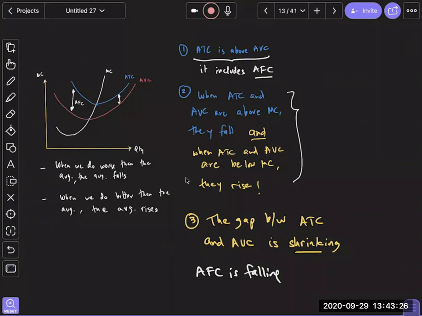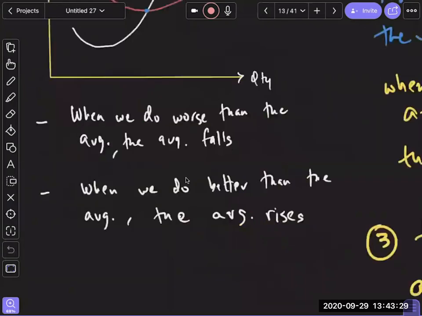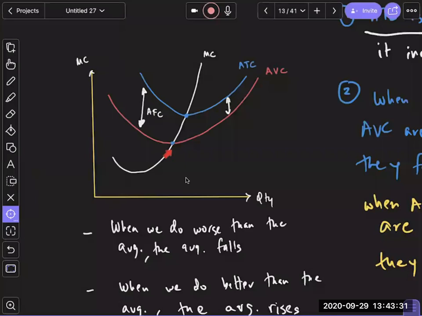When your marginal cost, which is each incremental unit cost, is lower than the average, your average cost was higher than the marginal cost, then the average cost will go down. But when the marginal cost is greater than the average cost, the average is going up. So when the margin is above average, it makes the average go up. When the margin is below the average, it makes the average go down. That's what we're saying here.